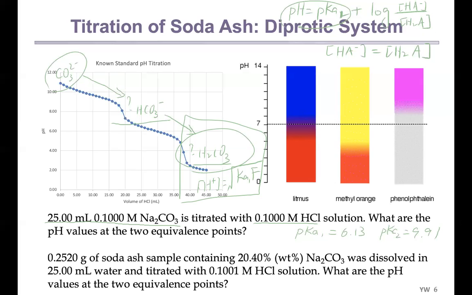And then at the second, HCO3 minus is fully protonated to form H2CO3. And then you consider it as a diprotic, fully protonated system, right? And to calculate the pH, you treat it as a monoprotic system and use the ICE table, the Ka thing.